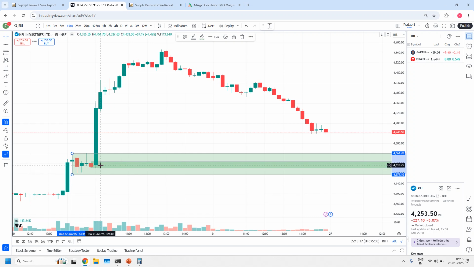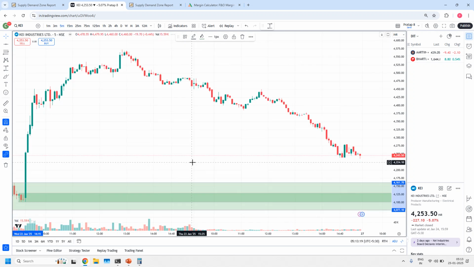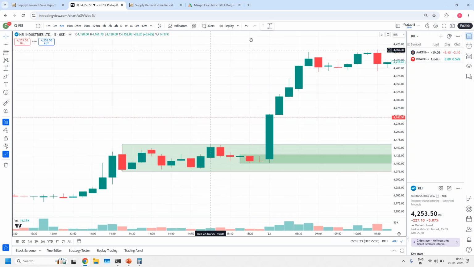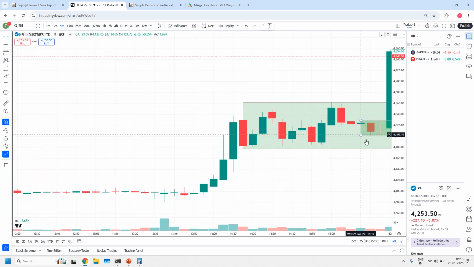And this is having, again, inside a fine-tuned 5-minute zone because of our checklist. Yes. We have a drop-base-rally. Because the risk is very small. If your risk is high, type 2 proximal you take.